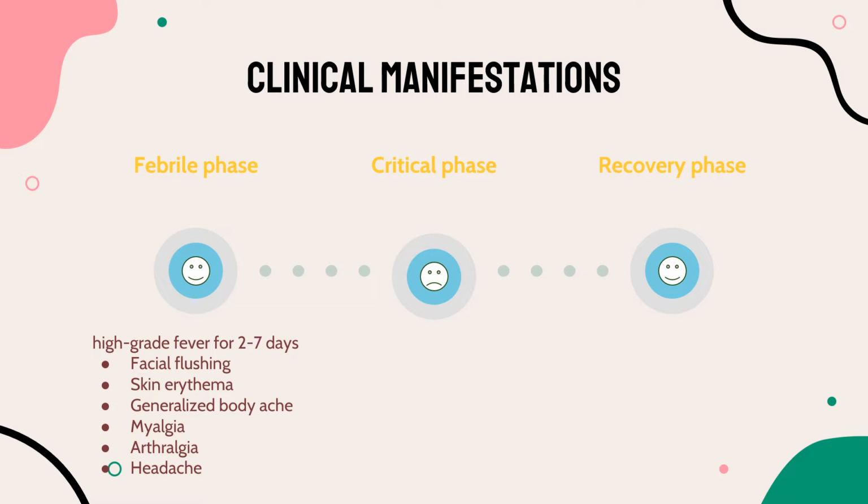In clinical manifestations, the disease is divided into 3 phases. First one is febrile phase. Secondly is critical phase. Lastly is recovery phase. In febrile phase, patients may have high-grade fever for 2 to 7 days.